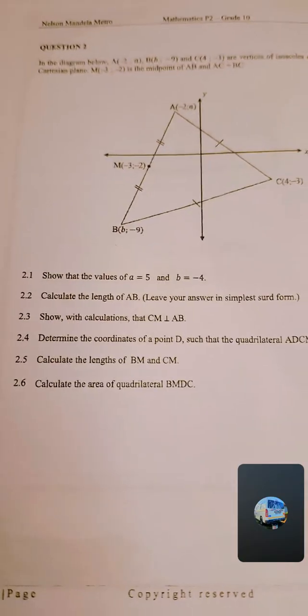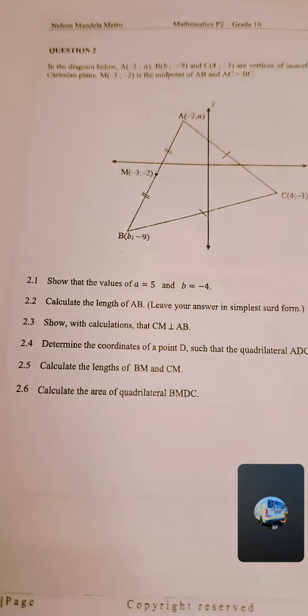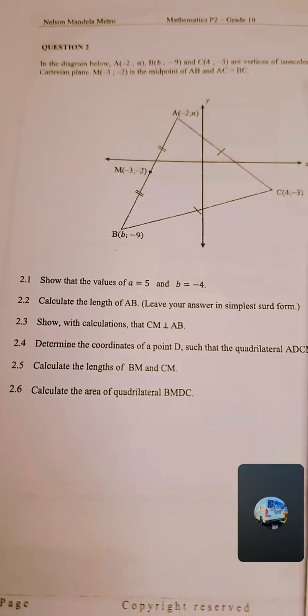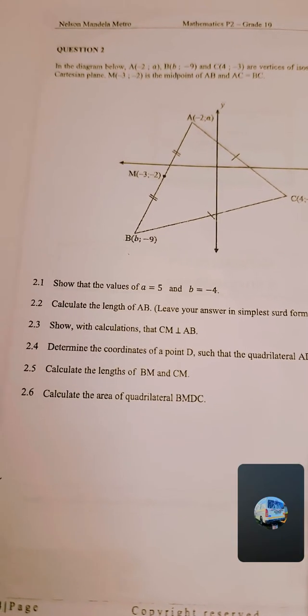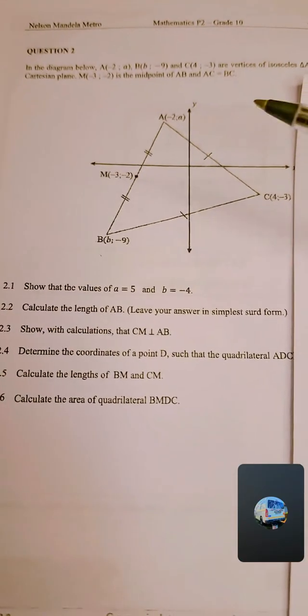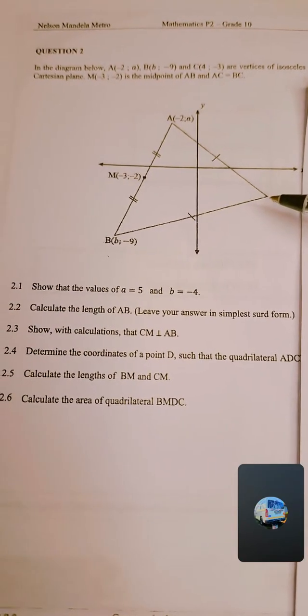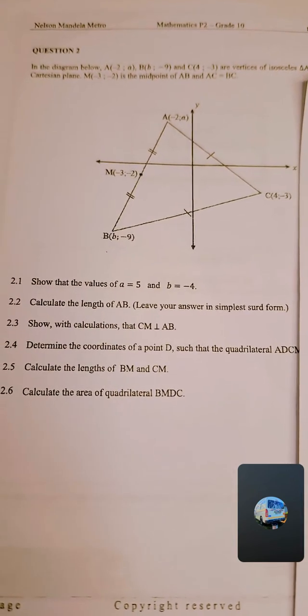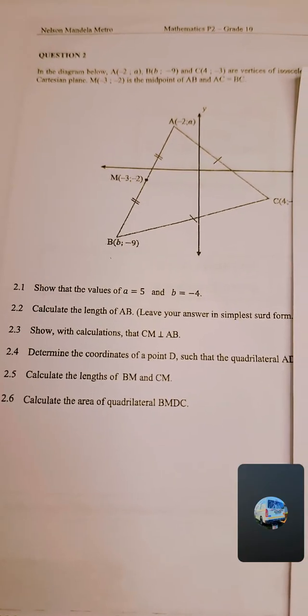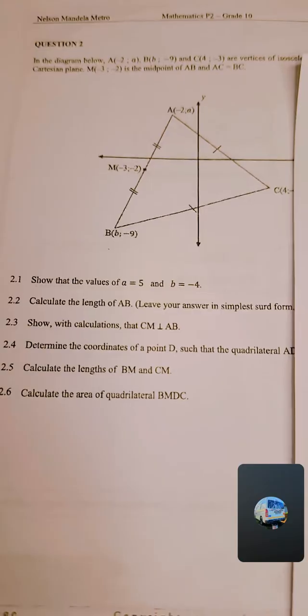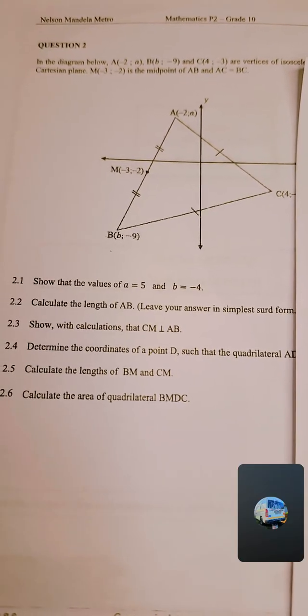So how do I go about proving? Gradient of AB times gradient of CM. So I need to find the gradient of AB first. All right, let's find that gradient of AB.